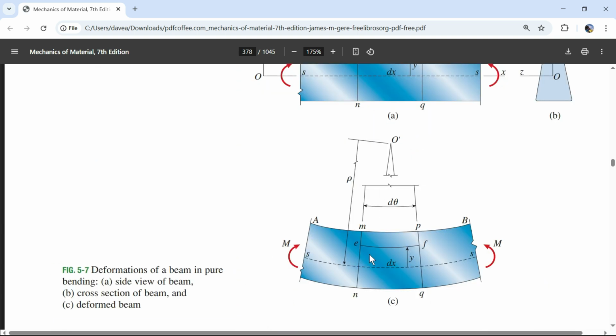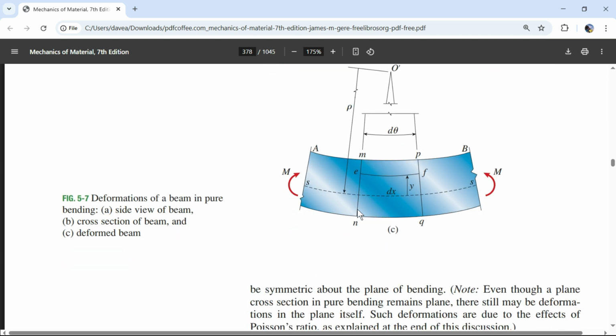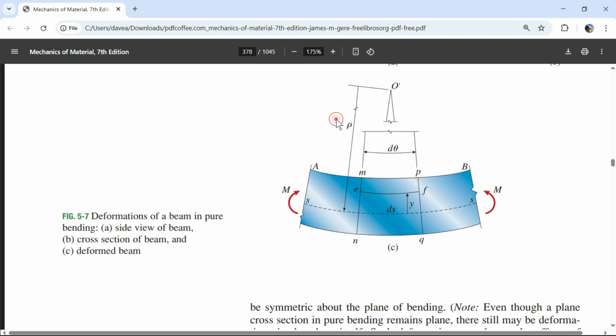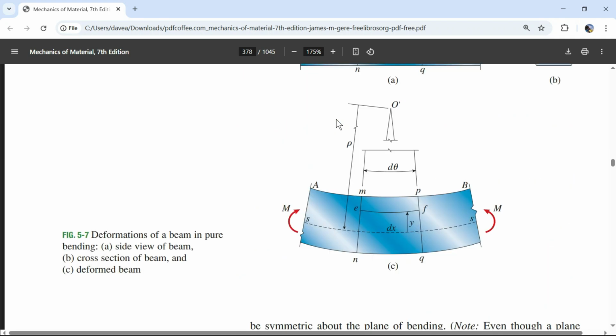And if you set your axis always to be positive, and the x direction always to be to the right along the beam, then negative curvature means that your radius of curvature, that rho, is always going to be in the negative y direction. So you're going to have a negative radius for that. So that's one way that you can make sure the sign convention works out.